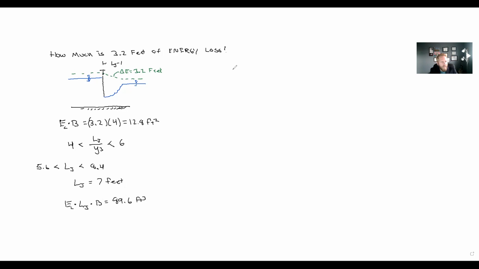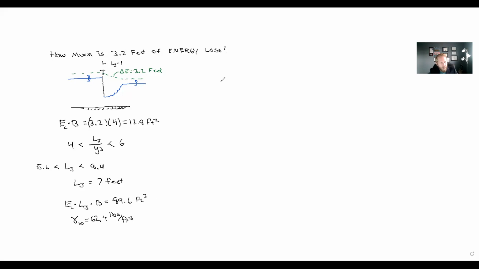And the reason I want to get it into cubic feet is because we have water, an incompressible Newtonian fluid, where the unit weight of that water is equal to 62.4 pounds per cubic foot.